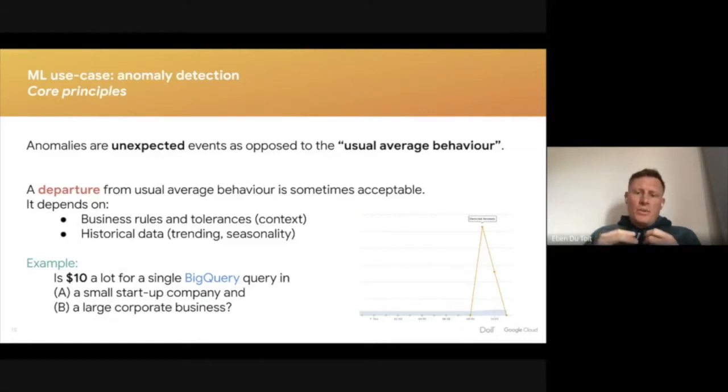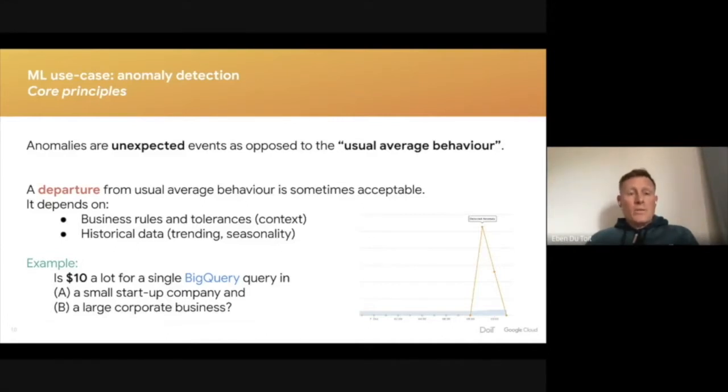But this has got a particular context. And the context of the departure from the usual average behavior is sometimes acceptable. Sometimes a business is okay with getting a $1,000 bill for BigQuery if they are used to, for example, a $200 bill weekly. Sometimes that is okay.